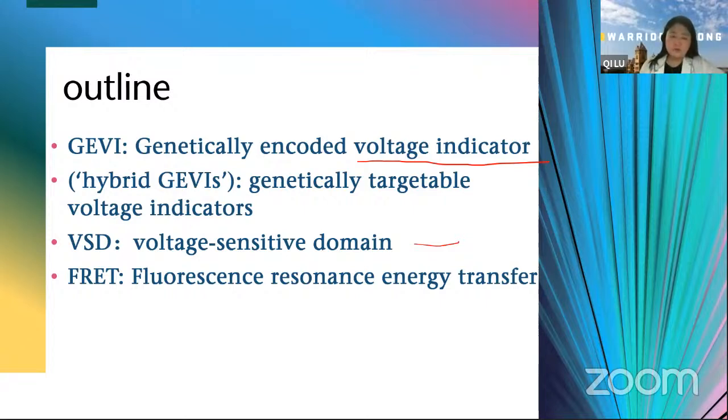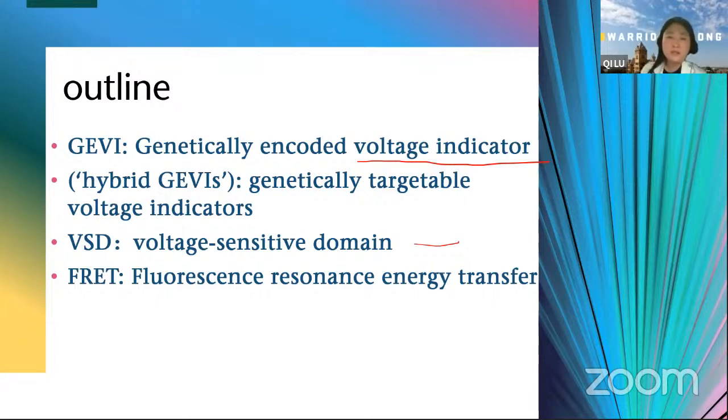It's not like channelrhodopsins or the proton pumps and chloride pumps that are directly isolated from the microbiome and then expressed in mammalian or human cells like HEK cells. So in this lecture, we're mostly talking about genetically engineered proteins.